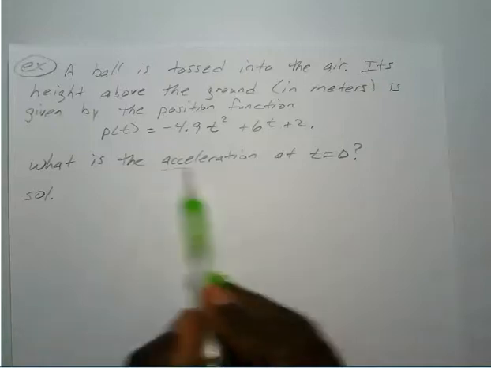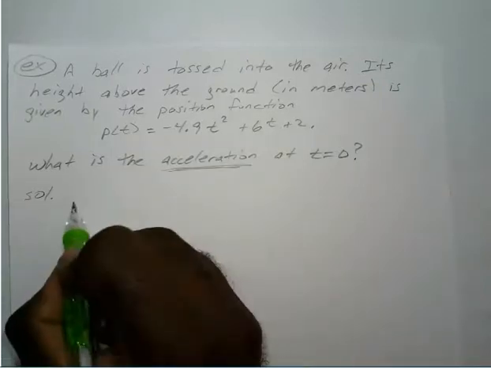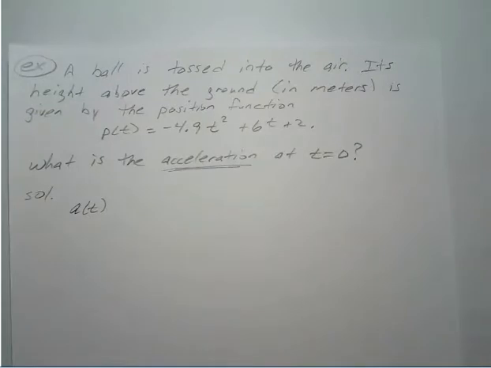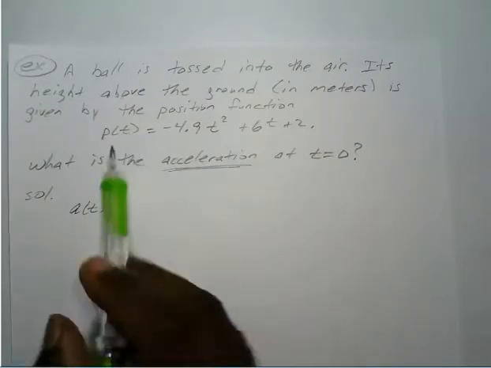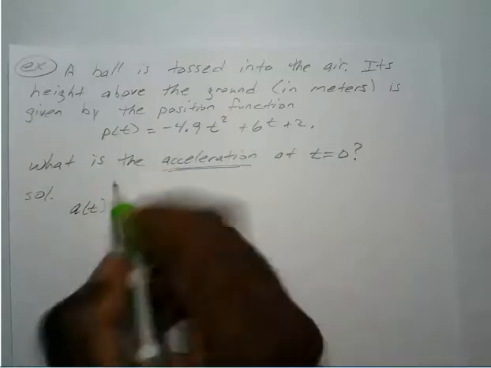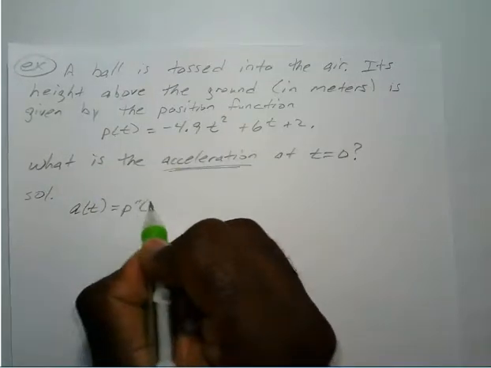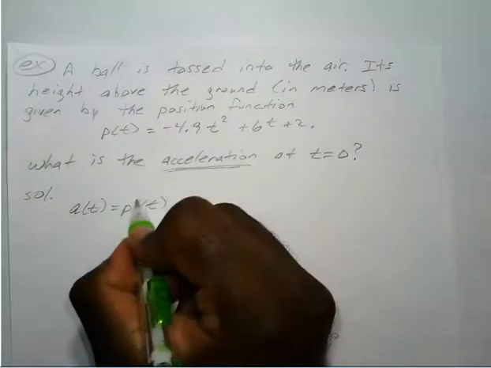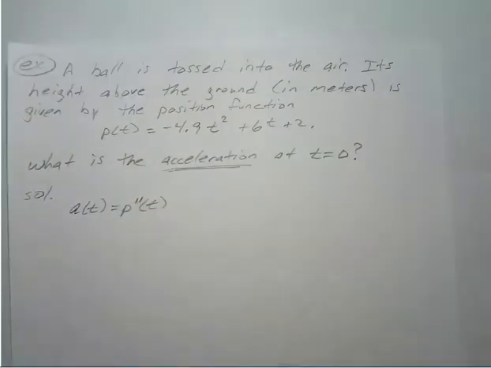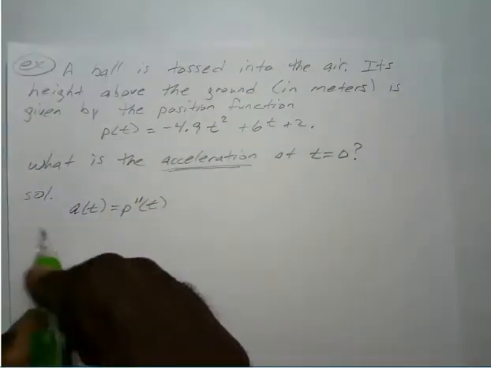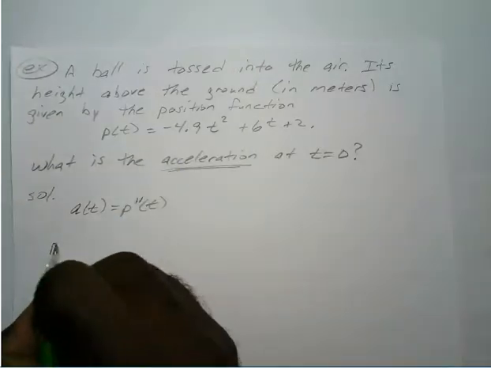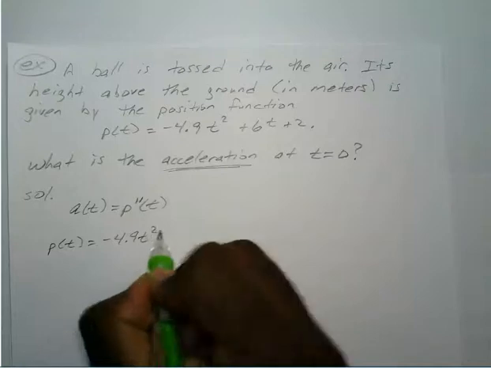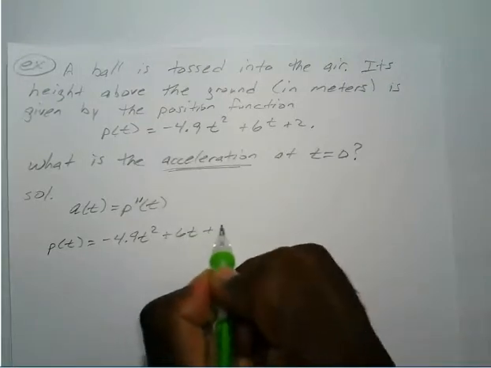Okay, now since we're looking for the acceleration, we're going to use the acceleration function, which we know is the second derivative of the position function. So we know that our position function is negative 4.9 t squared plus 6t plus 2.